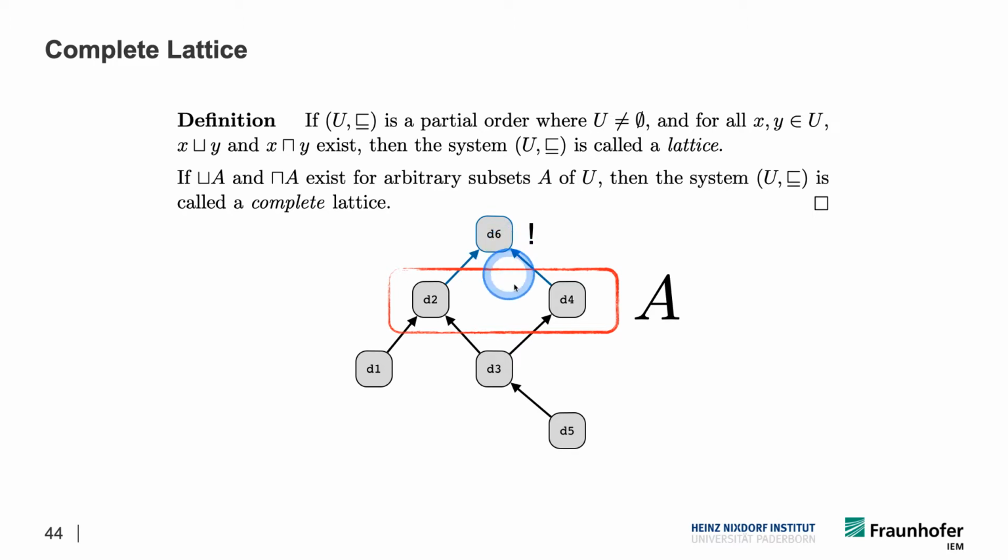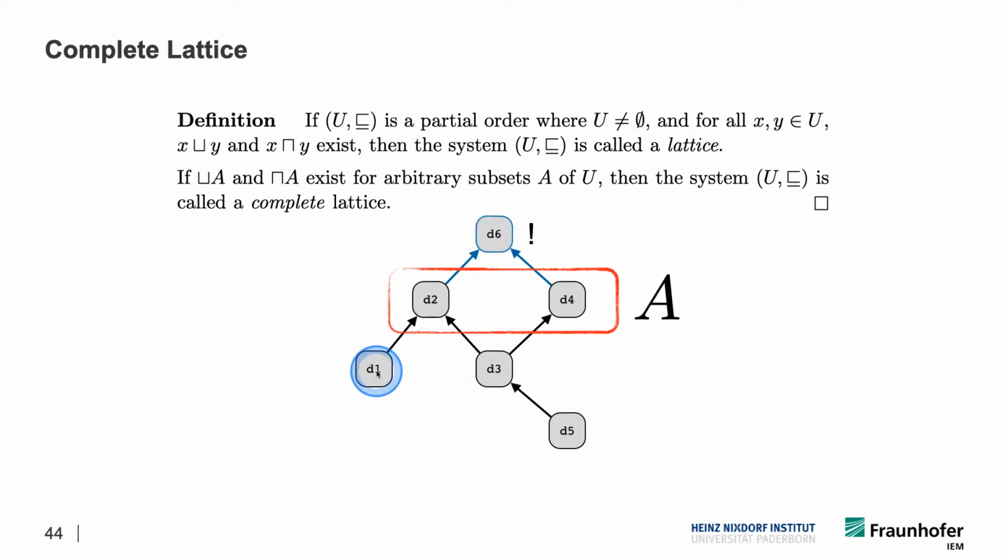And so if you now look at this partial order that you see here, then in this one direction, this is true, right? So if we now merge upwards for any two elements that you choose, you're always going to be able to merge them. We can also even merge D4 and D6 because then D6 itself is going to be the least upper bound of that set.